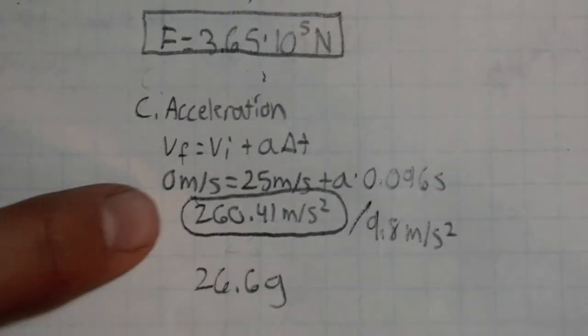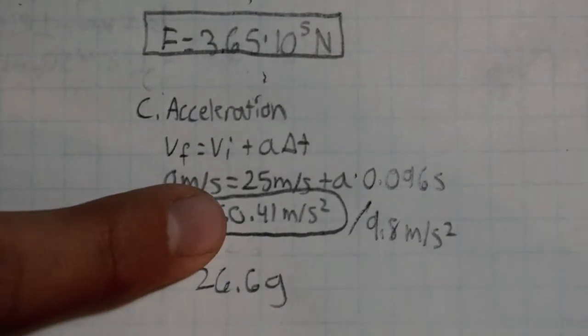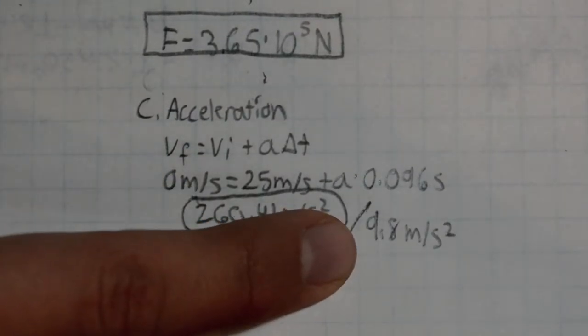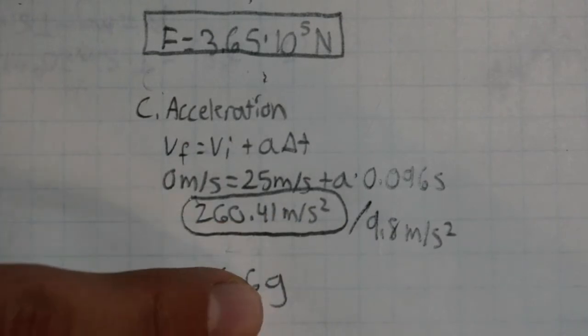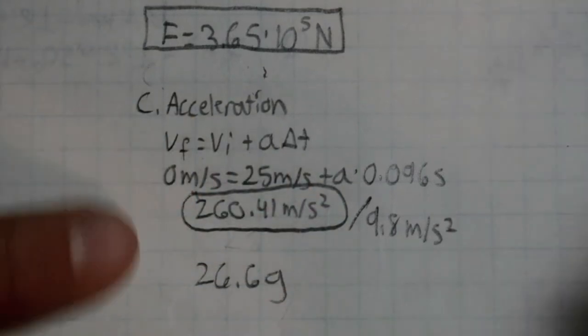Then you get 26.6 g. 260.41 divided by 9.8 meters per second squared is 26.6 times gravity, or 9.8 meters per second squared.